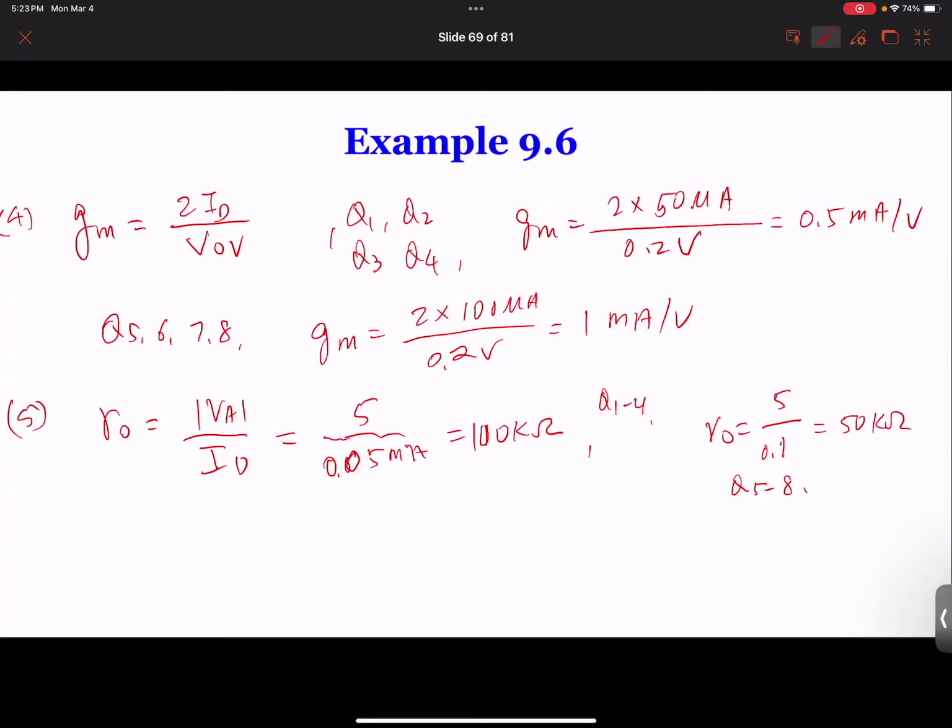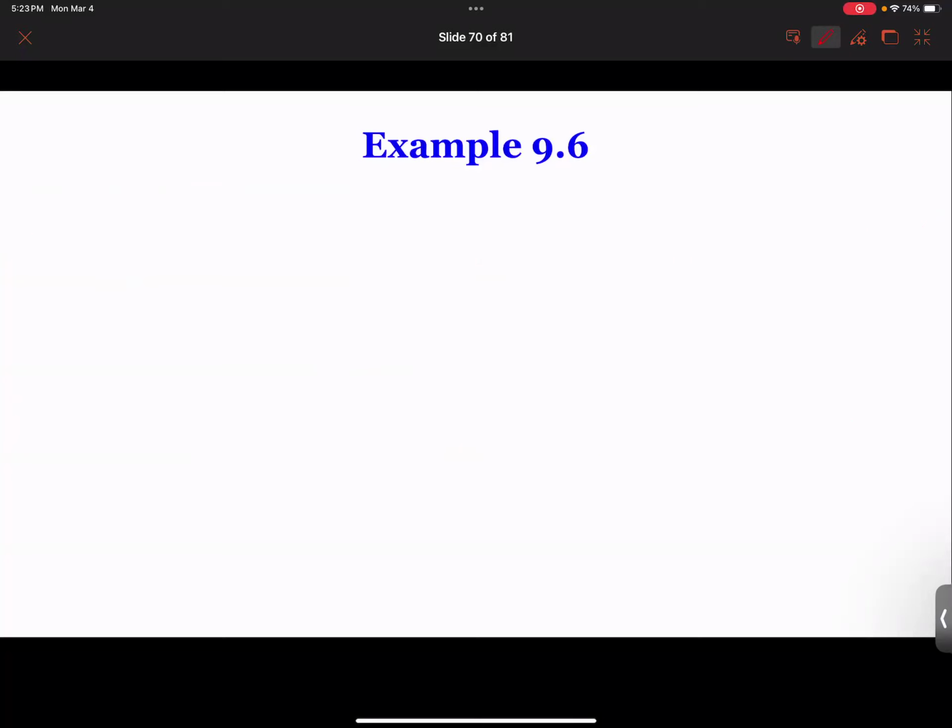And then for number 6, what we need to do is find the gain. I mentioned the gain earlier already. The gain for the first stage is going to be minus gm1 times RO2 in parallel with RO4.